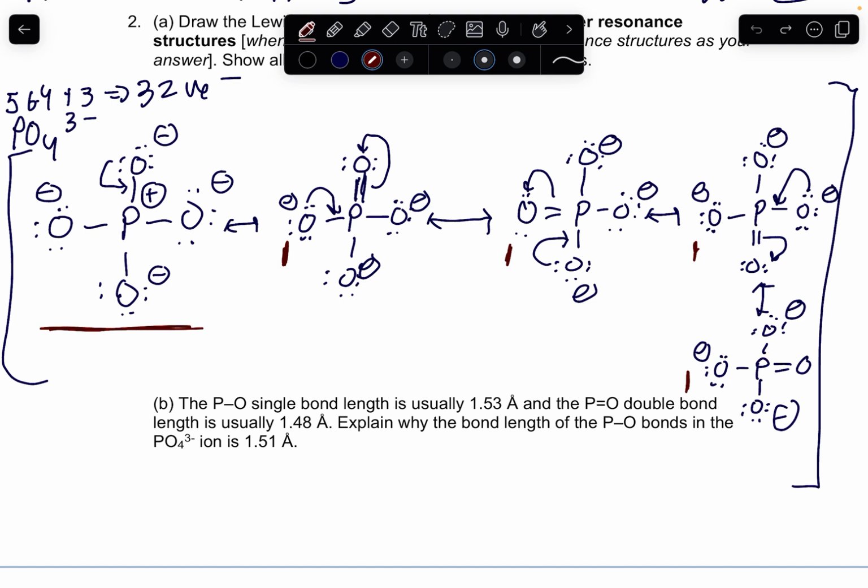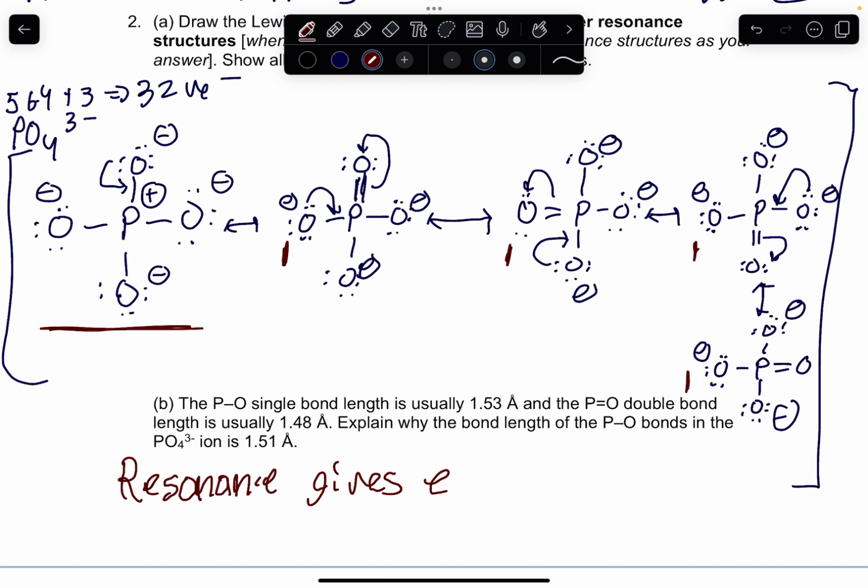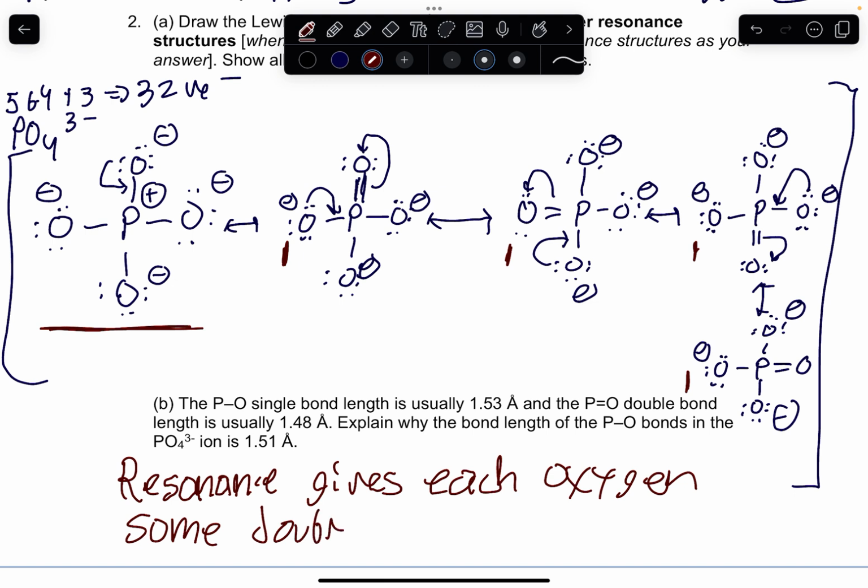So really 3/4 of its character is from a single bond, which explains why the bond length is mostly close to this 1.53 angstroms, but it's slightly shorter, meaning that it has some double bond character. So we can say for this answer, resonance gives each oxygen some double bond character, which shortens the bond.